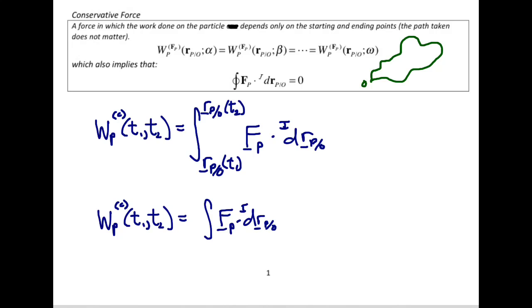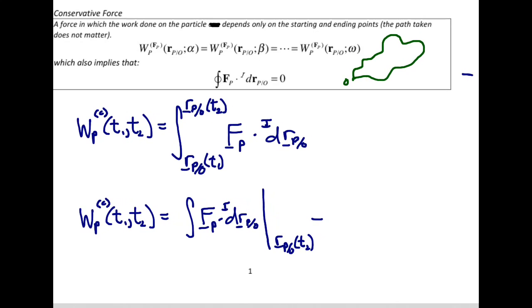We'll calculate that integral, and then insert r of P with respect to O at time 2, and subtract from that the integral of F_P dot dr of P with respect to O as observed in the inertial reference frame, evaluated at our position at time 1.